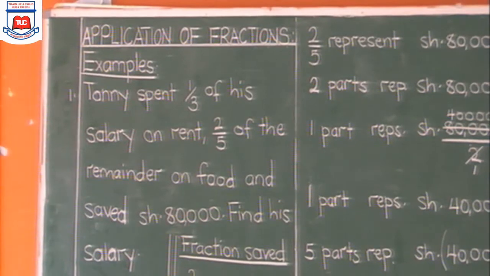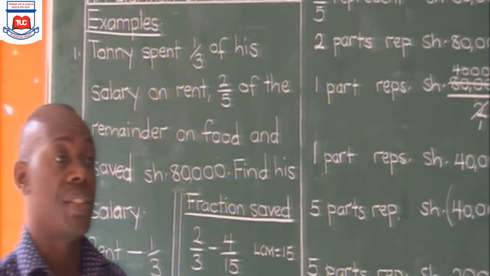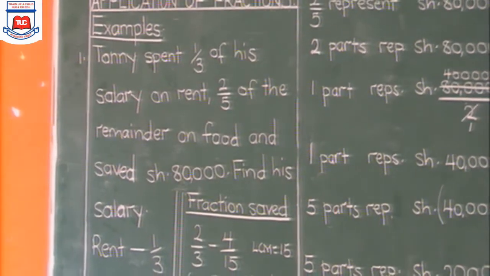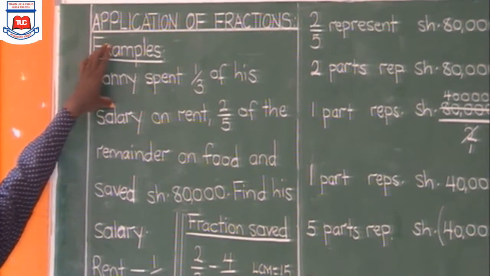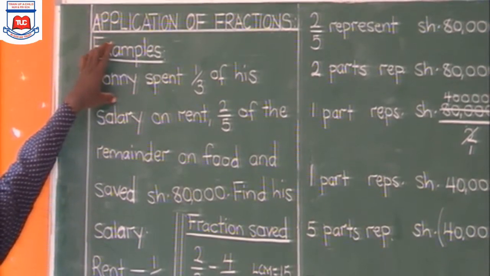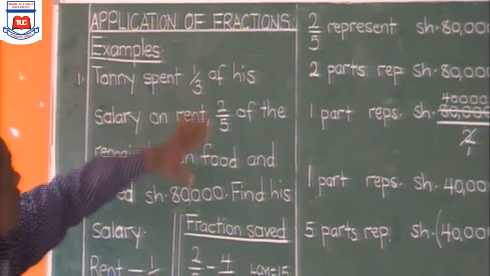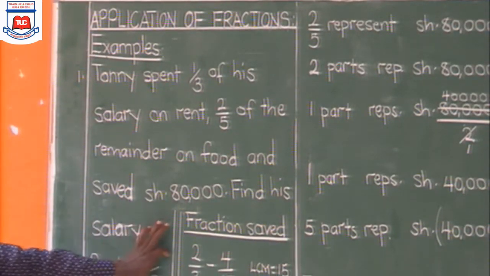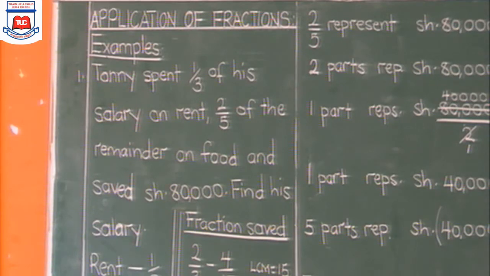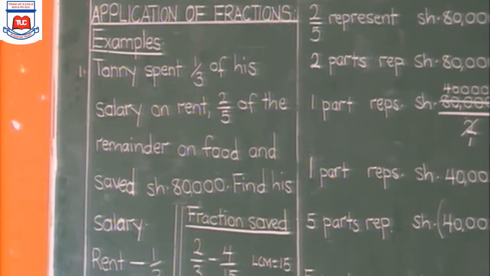When you have a salary, it is a whole before being spent, and when you start spending, you reduce from that whole. So we start: Tony spent a third of his salary on rent. You say rent equals a third. After spending on rent, you have reduced from one whole.